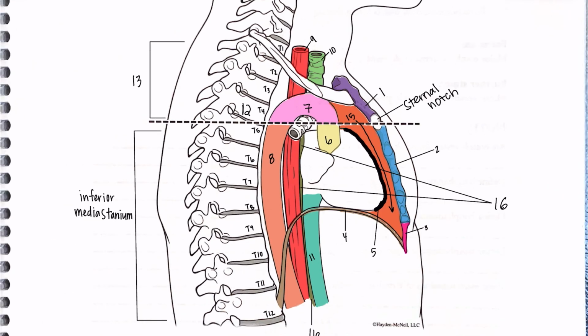Number 14 is going to be located in here. It's hard to see. That's why it's not labeled. 15 is our anterior mediastinum. And then 16 is our posterior mediastinum, which is right here, right behind the inferior vena cava, behind the heart, and behind the superior vena cava, right in there.